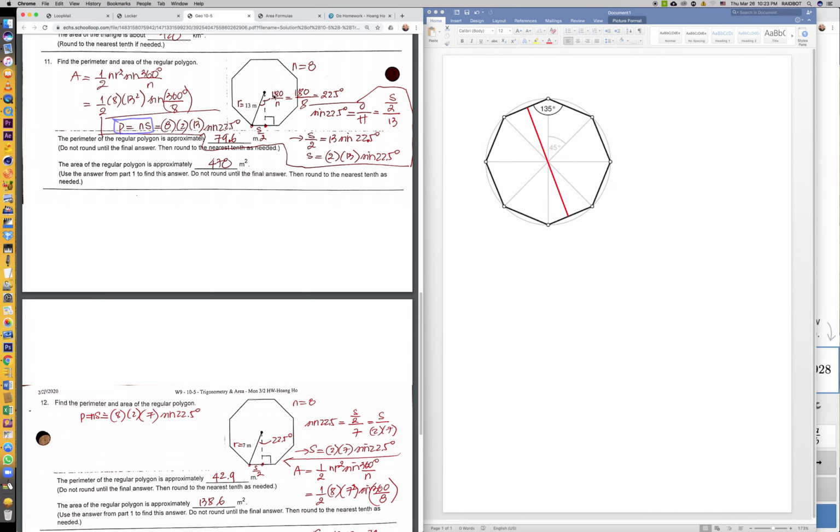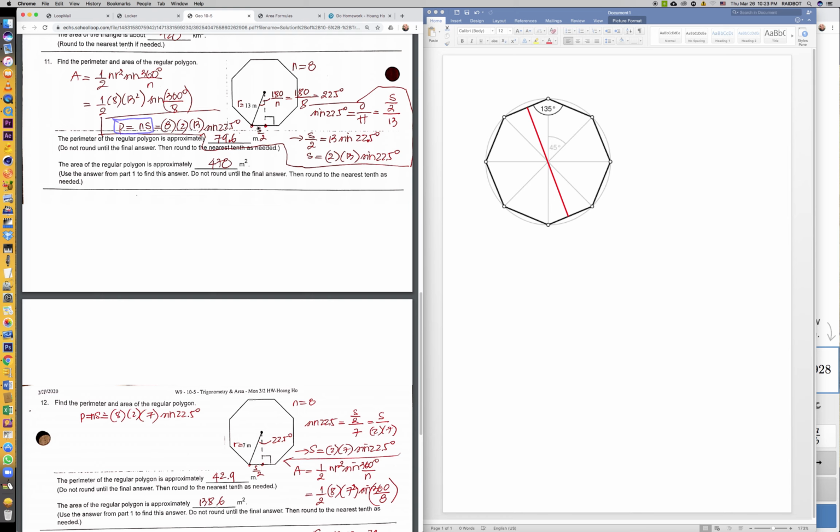So go back over here. In this right triangle, you set up sine 22.5 degrees equals opposite over hypotenuse. Opposite, which is this value right here, happens to be s divided by 2 because you don't have the whole side, you have only half.